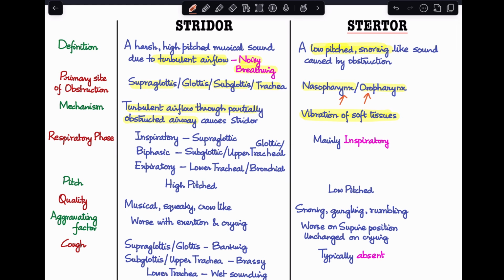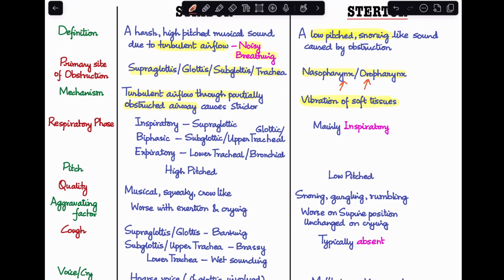Now, coming to the respiratory phase, stridor, as I mentioned, can be of different types. It can be an inspiratory stridor, biphasic stridor, and expiratory stridor, and it will depend on the site of obstruction. So, if there is a supraglottic obstruction, we'll see an inspiratory stridor.